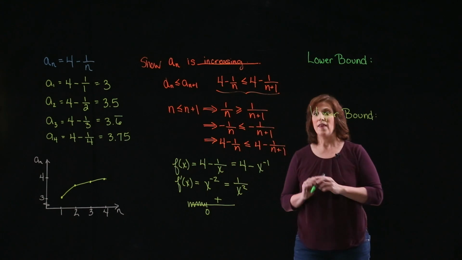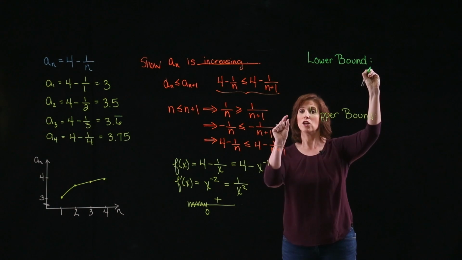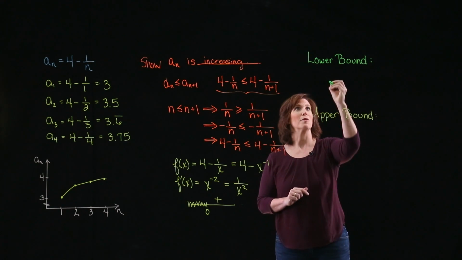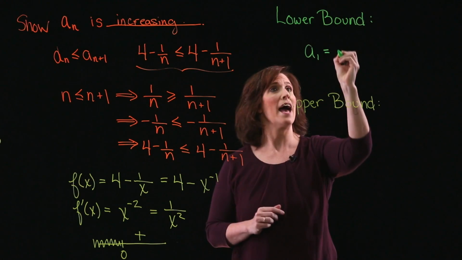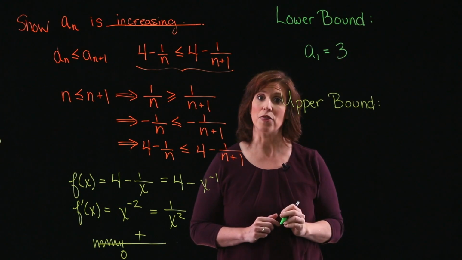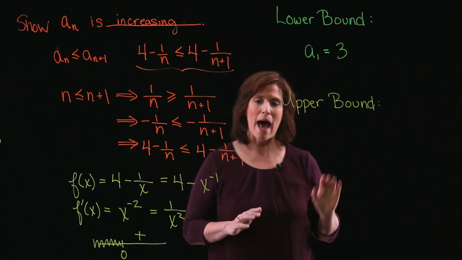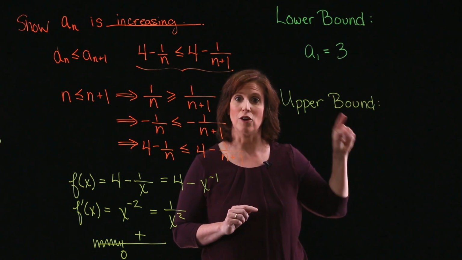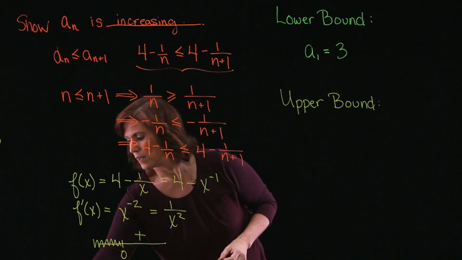Well, I know that if I have a sequence that is strictly increasing, the lowest number will be the first term. So my lower bound is a sub 1, which I've already calculated to be 3. The upper bound, we want to see what happens as n gets larger and larger and larger. So that means we're going to be taking a limit.